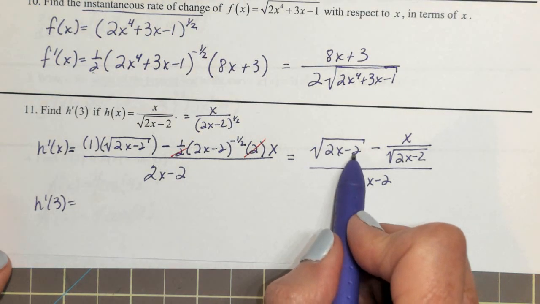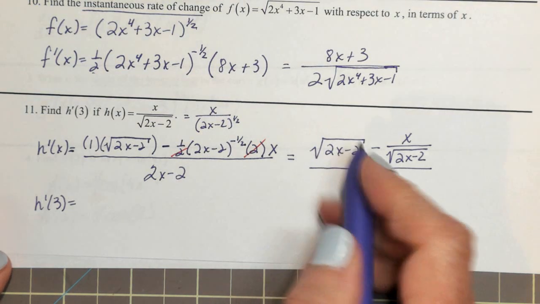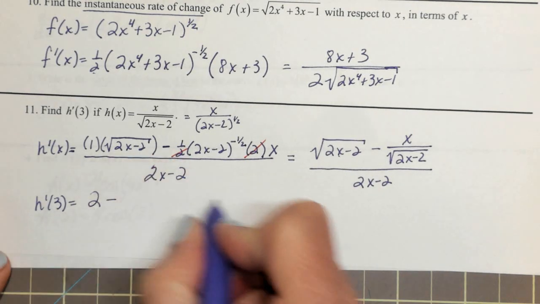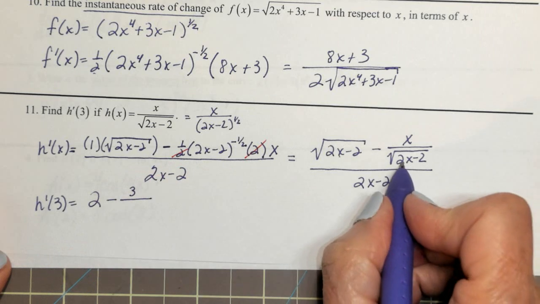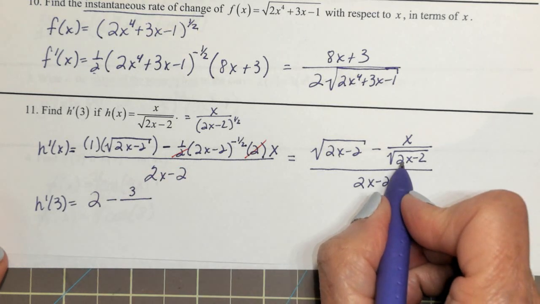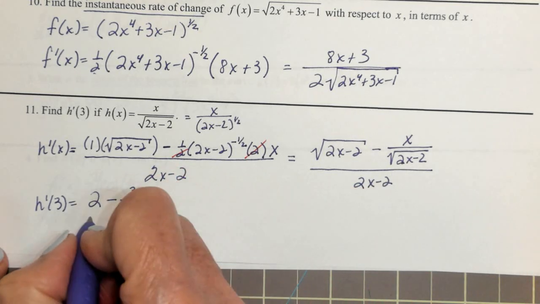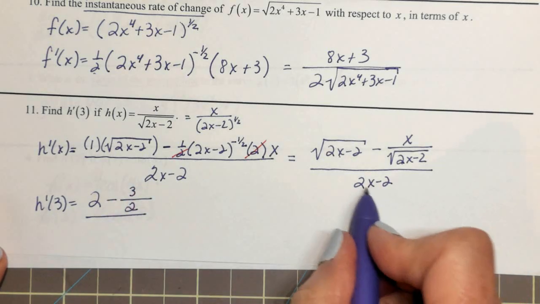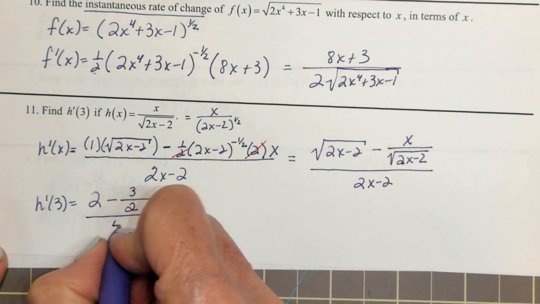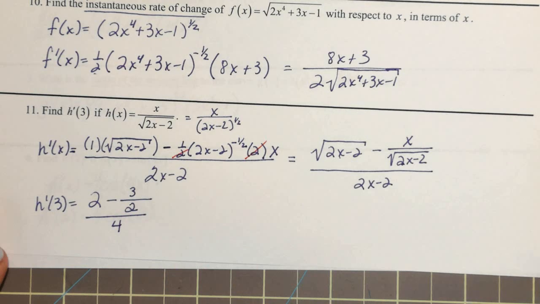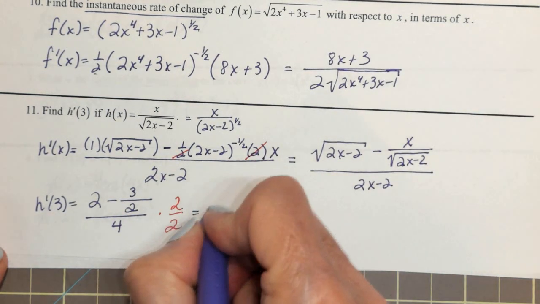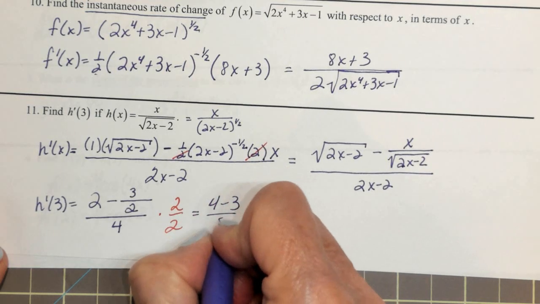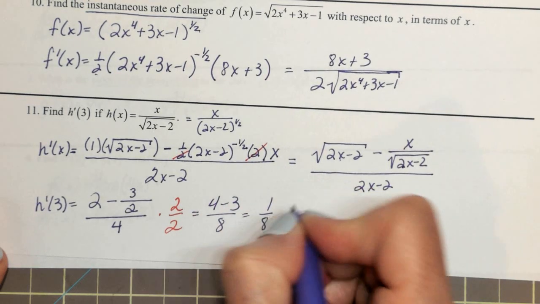Okay, plugging in 3 for x. 6 minus 2 is 4, and the square root of 4 is 2. Plugging in 3 for that x, divided by, we just saw that that was 2, right? Divided by 6 minus 2 is 4. I'm going to multiply top and bottom by 2 to get rid of that little denominator, and I have 4 minus 3 over 8, which is 1/8.